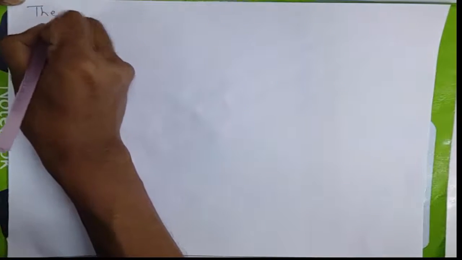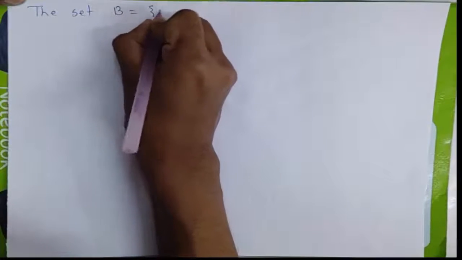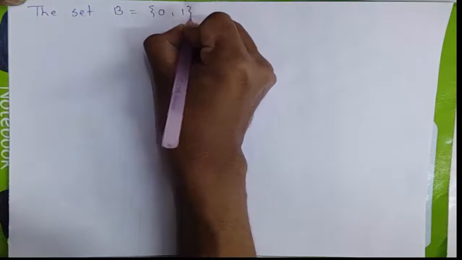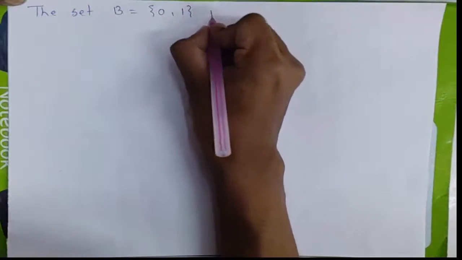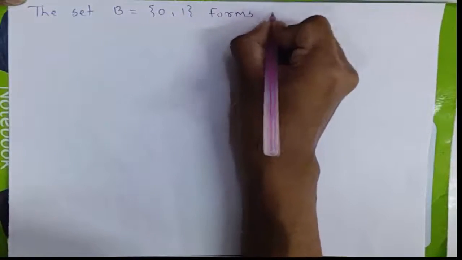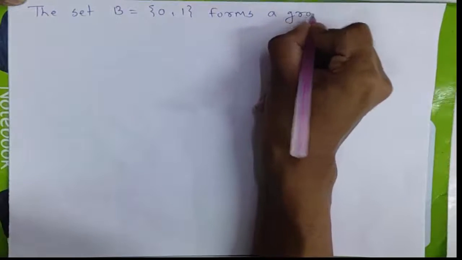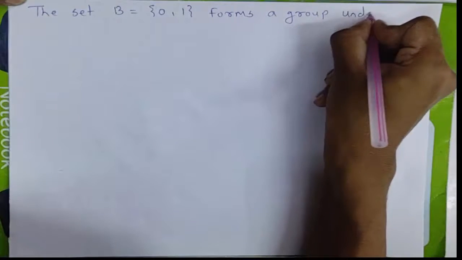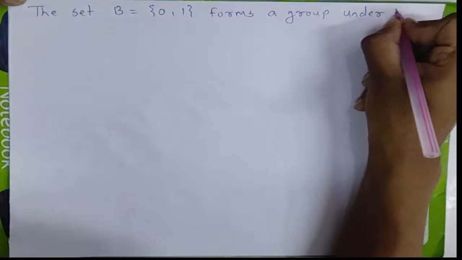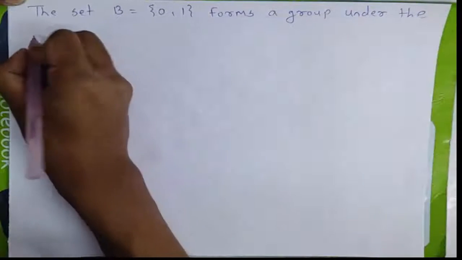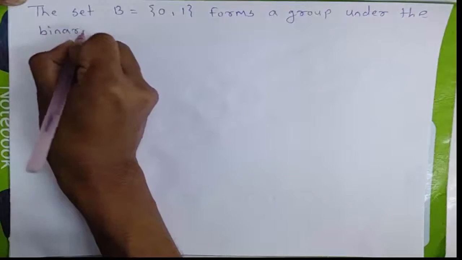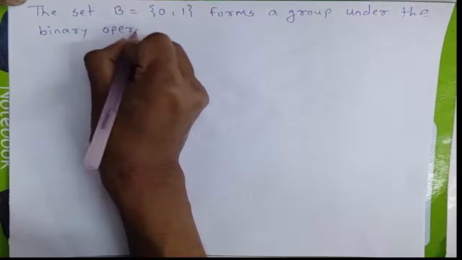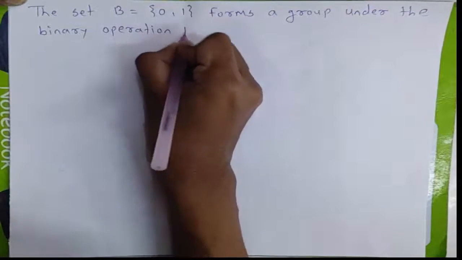Now next point. The set B = {0, 1} forms a group under the binary operation addition.